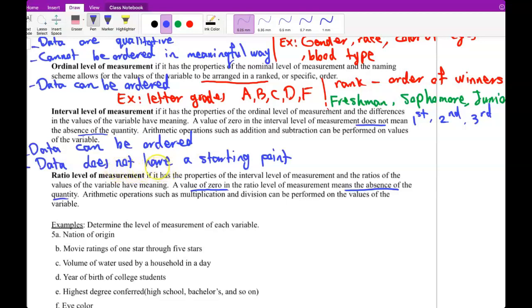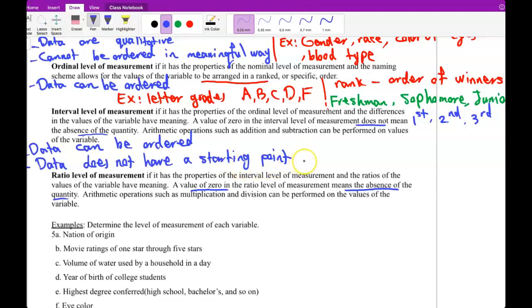I'm not saying that you should start with 1. What that means is that 0 isn't absence. If you have 0 in ratio, that means that you don't have that part, and it's absence of quantity. But actually, here this 0 means we do have that quantity. So it doesn't have a starting point.